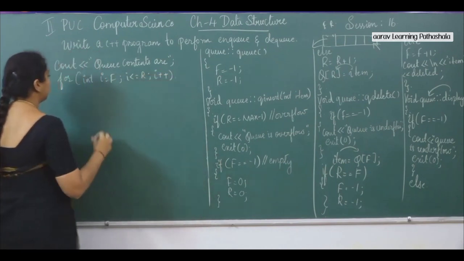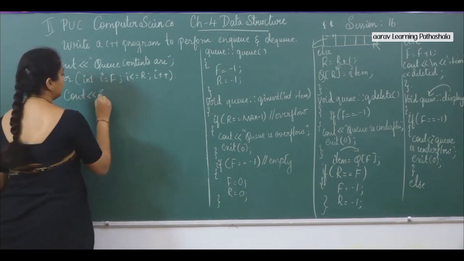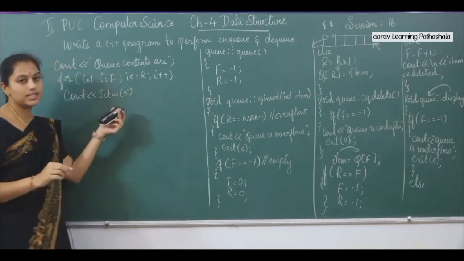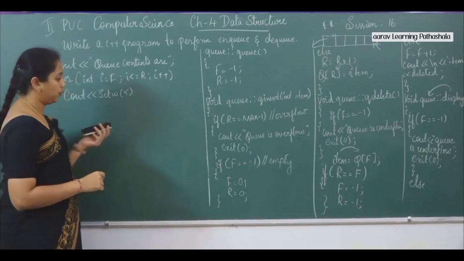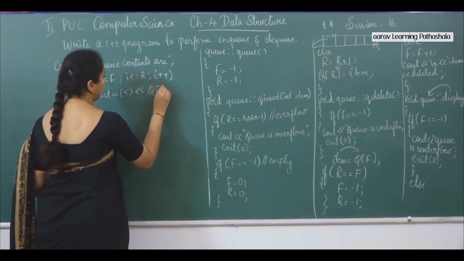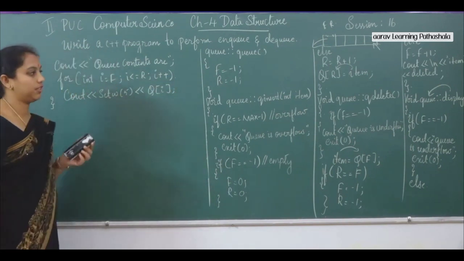Cout setw(5). It is used to set the field width between the items of the queue while displaying. Then Q of i. So this is about the display function.